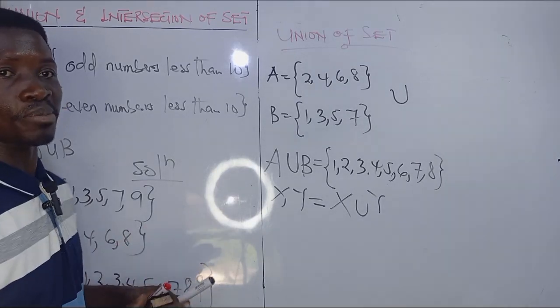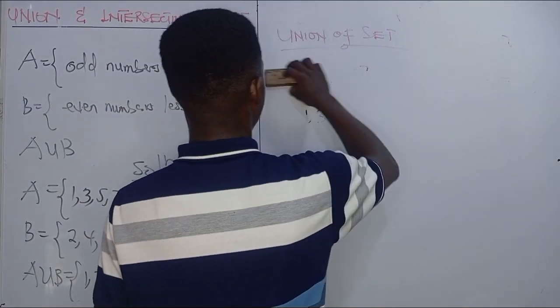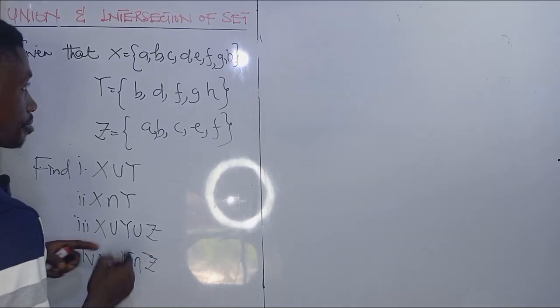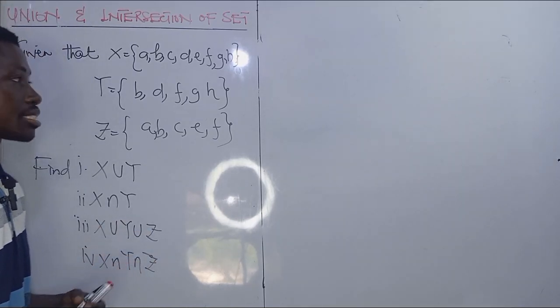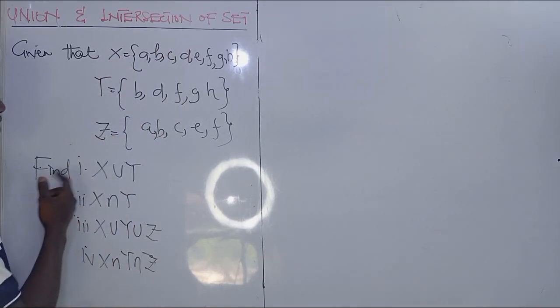Let's look at the last example and then we run out of here. So we have our last example. Given that we have three sets X, Y, and Z, we have to find what?